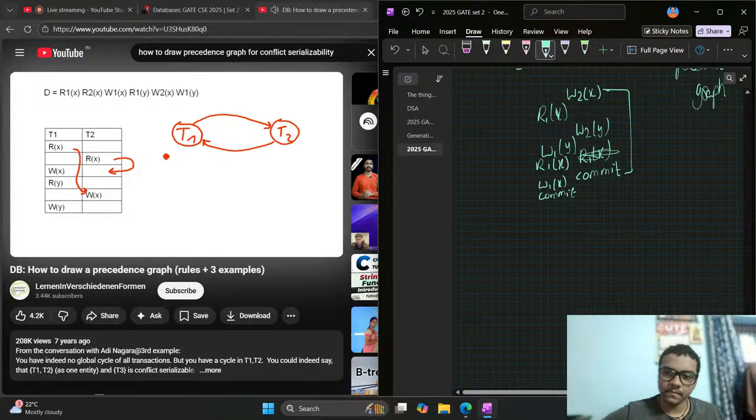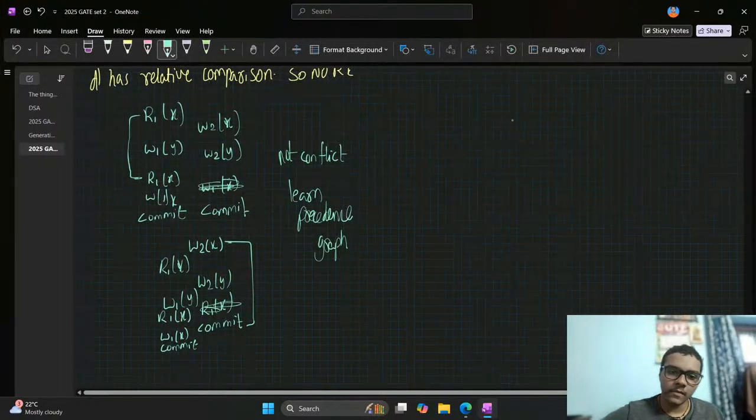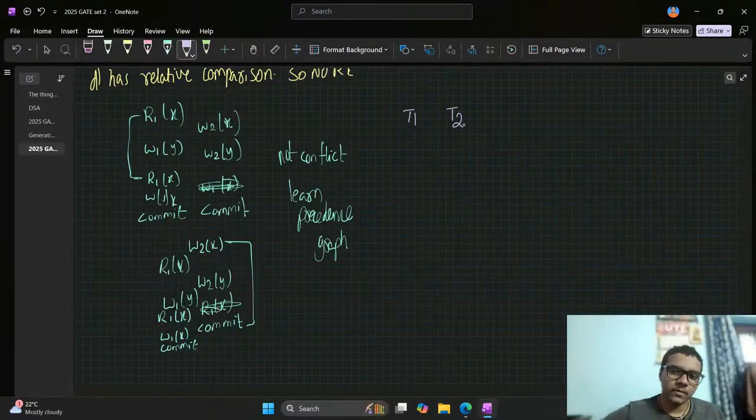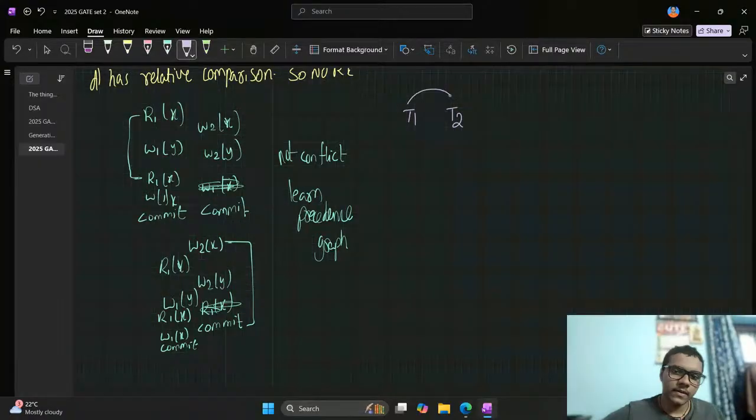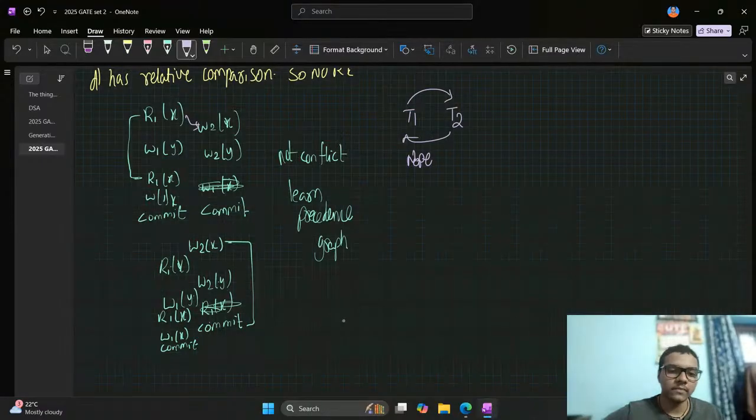Right. So let's try to draw something. T1, T2. Read X is, yep, writing and writing X. Is it writing X too? Yeah, it is writing X too. No, not conflict serializable. 1, 2, 3, 4, 5, 6, 7, 8, something like that.